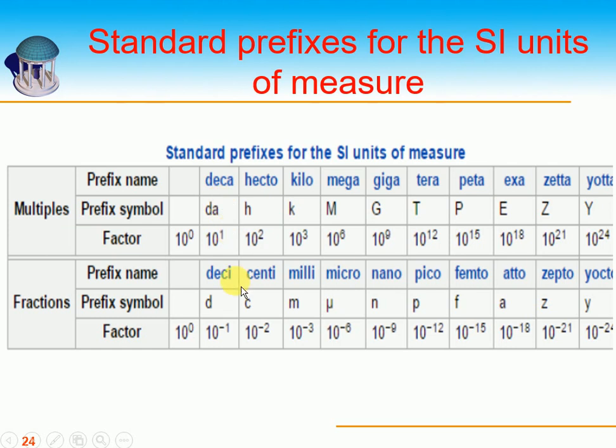And the fractions are: deci 10 to the minus 1, centi 10 to the minus 2, milli 10 to the minus 3, micro 10 to the minus 6, nano 10 to the minus 9, pico 10 to the minus 12, femto 10 to the minus 15, atto 10 to the minus 18, zepto 10 to the minus 21, and yocto 10 to the power minus 24.